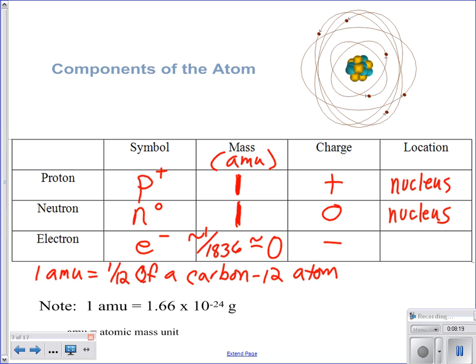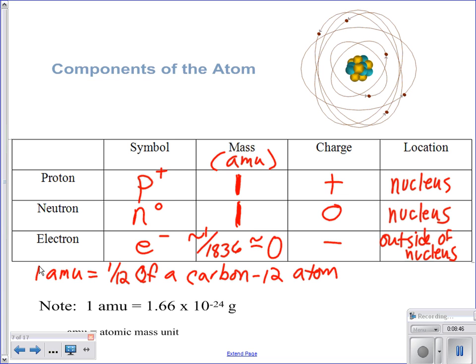And again, there are so many different ways to phrase this. I'm just going to say outside of the nucleus is where you see those electrons. You could write energy levels or clouds or orbits. Okay, so that's what we see here, is that our relative mass unit is based on carbon-12, so 1 AMU equals 1/12 of a carbon-12 atom.